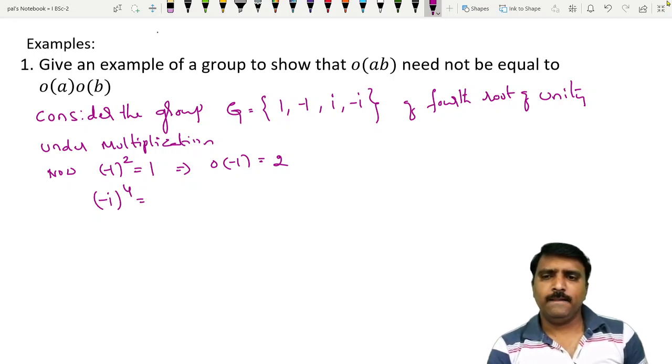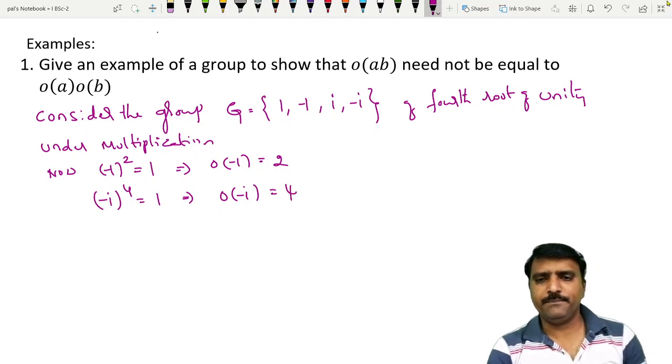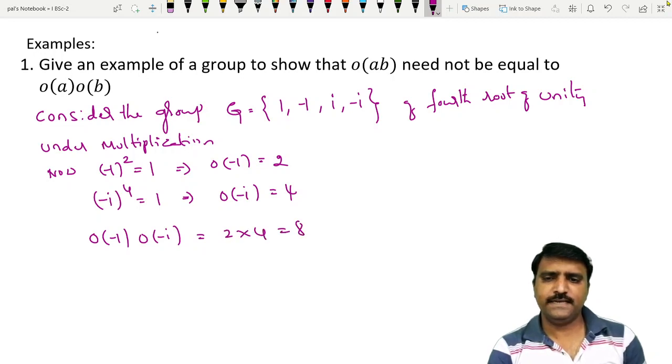So it is plus 1, which implies that order of minus I is 4. So now order of minus 1 into order of minus I is equal to 2 into 4 is equal to 8.